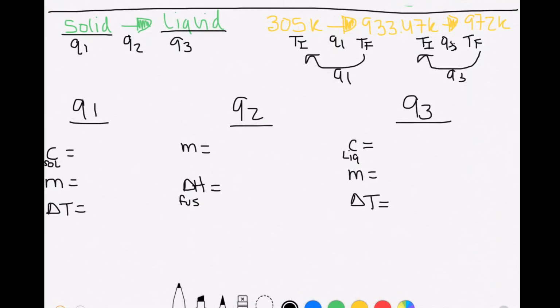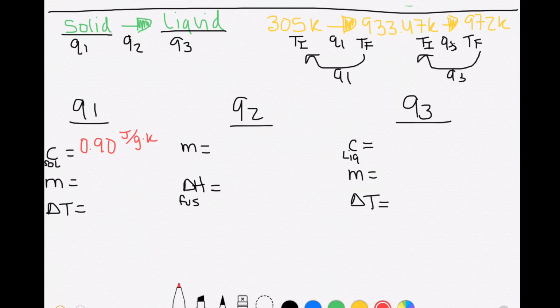Okay, so for my specific heat for Q1, I'm going to check my chart wherever it's available to me, whether it's in my textbook or whether I'm Googling the chart. But any way that I look this up, I'm going to find that the specific heat for solid aluminum is going to be 0.90 joules per gram Kelvin.